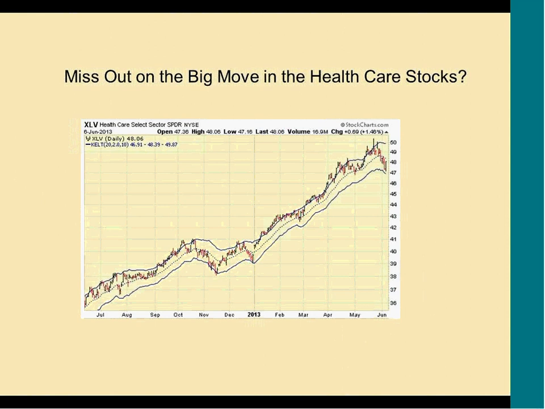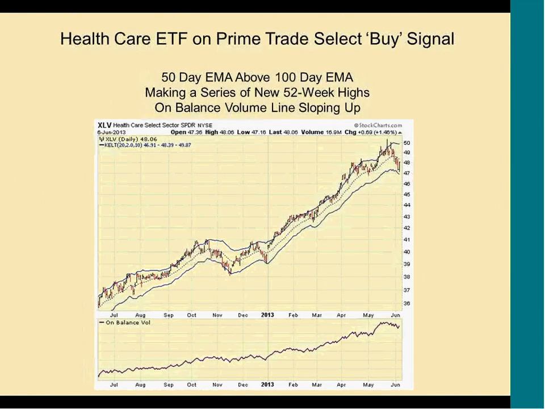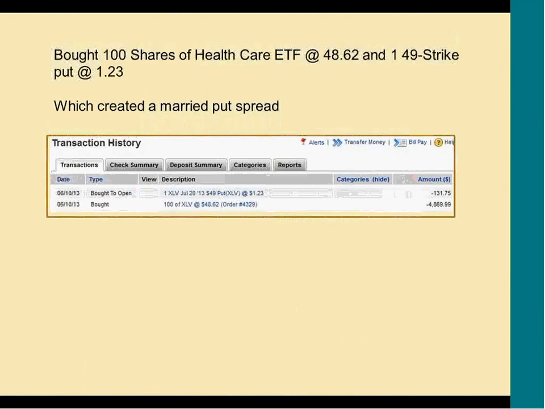And this is the loss potential for this married put spread trade, and we can see that if the ETF is flat at option expiration or declines, then my maximum risk on this married put is 1.3%. So again, a low risk way to participate in this healthcare sector.